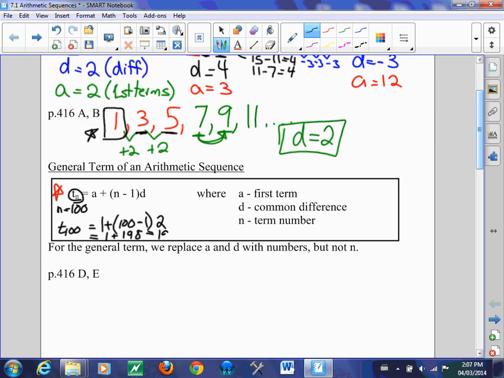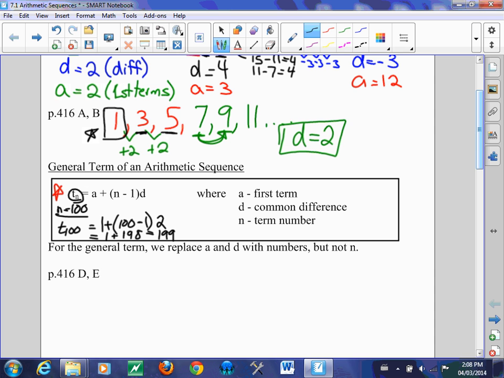You would have 199 cubes there. Okay? You can set it to any value. I just made up an example here of finding, hey, in the 100th figure. So in that diagram on page 416, if we went all the way to figure 100, how many cubes would be in that figure?